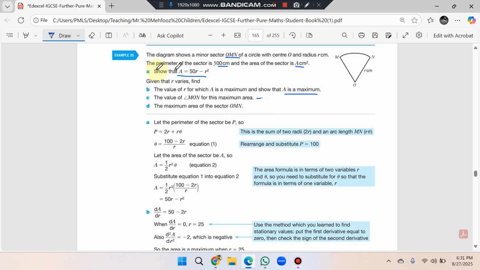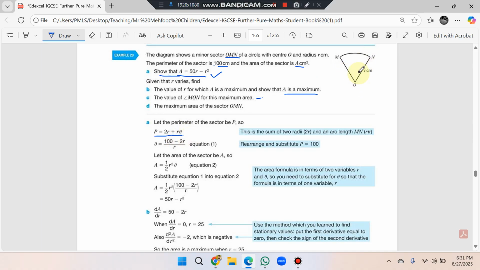Okay, so first of all, for part A, we have to show that this area is equal to 50r minus r square. We have seen that the perimeter of the sector has the formula 2r plus r theta. How?